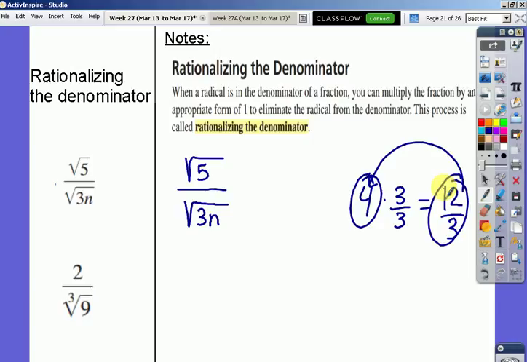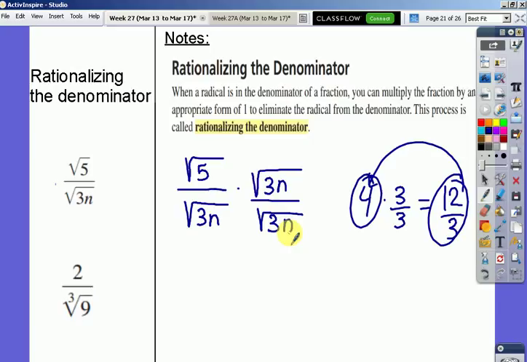So to change the form, I have to multiply by that denominator. So the square root of 3n over the square root of 3n. I'm not violating any rules here. I'm just changing the form of it by multiplying by a different way to write 1.